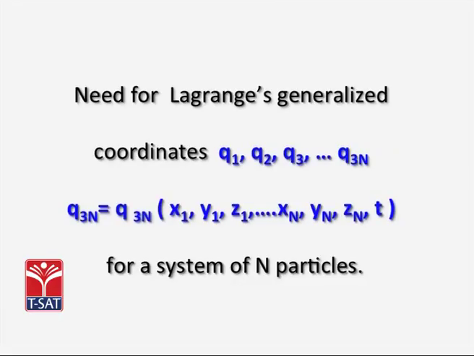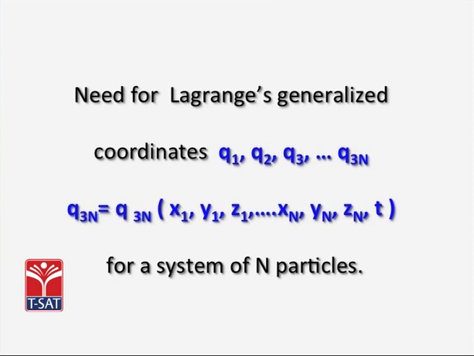Having compared these two formalisms, let us look at the Lagrangian one. There is a need for what are called generalized coordinates. Lagrange calls them q1, q2, q3 etc. up to q3n.